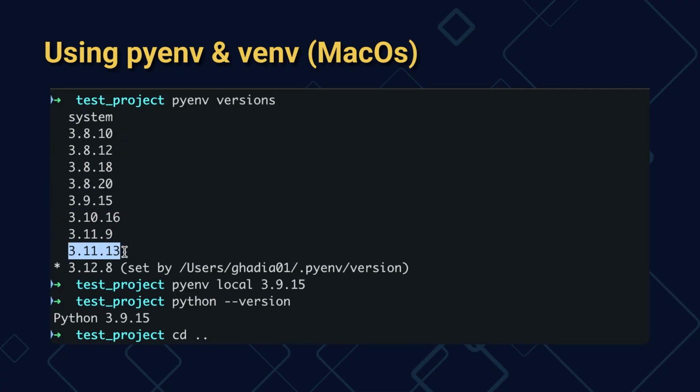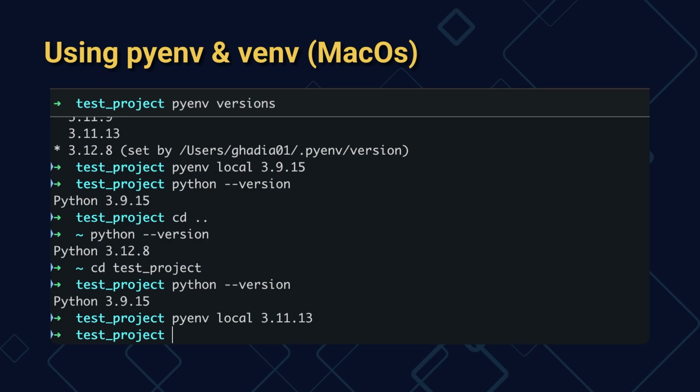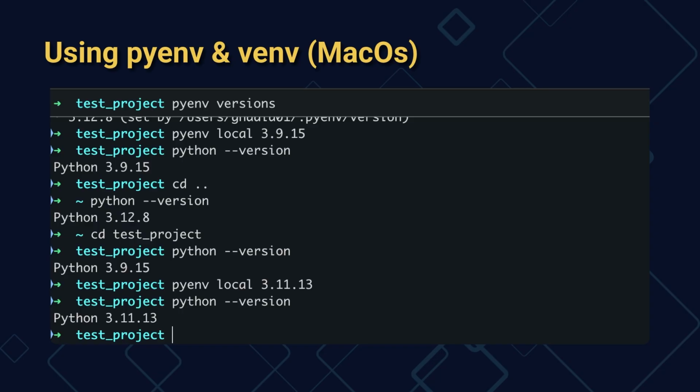I can switch to 3.11 just by saying pyenv local 3.11.13, okay, and then the Python version is 3.11.13. So I have a new Python version in this project.